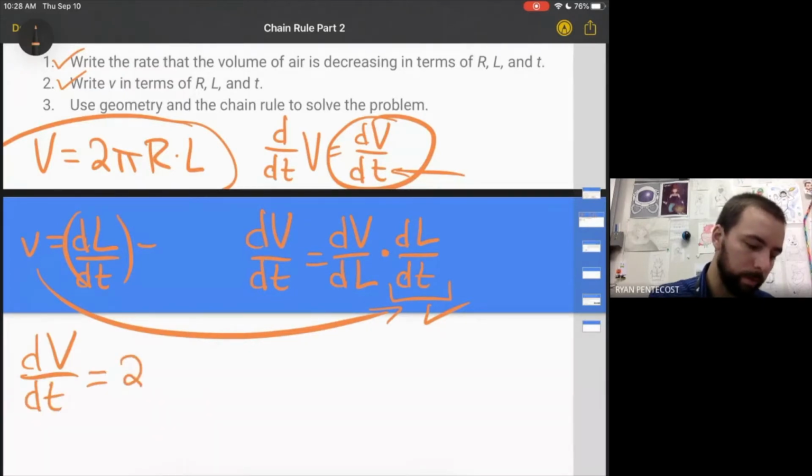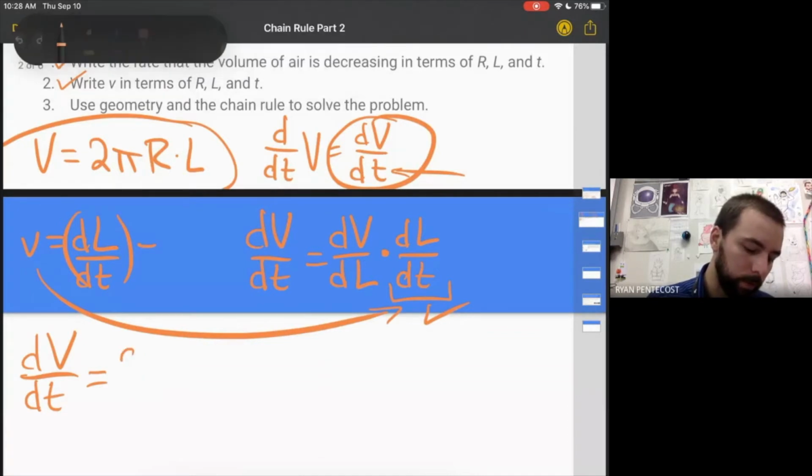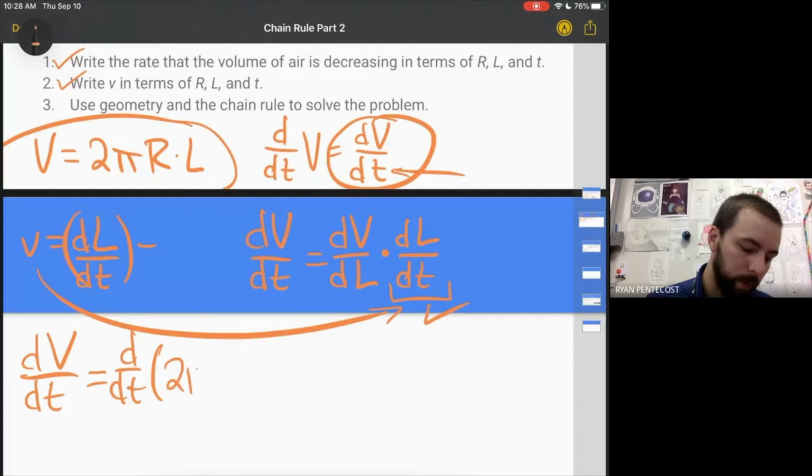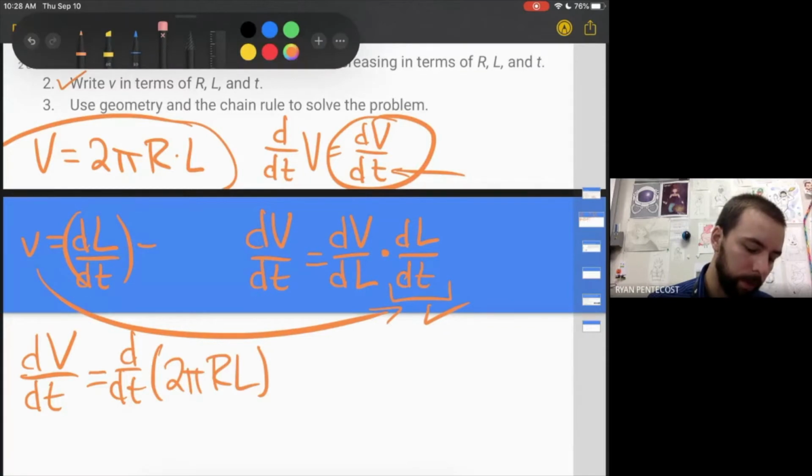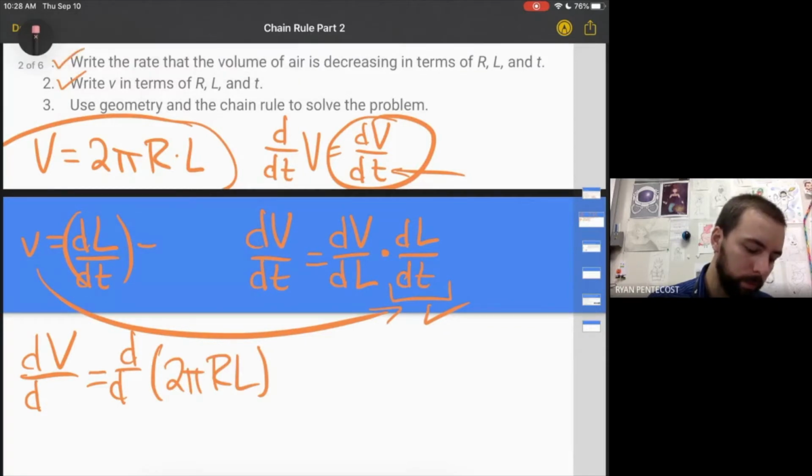Oh, hang on. I'm sorry, I wrote that wrong. We want to take the derivative of volume with respect to length, because we need this right here.